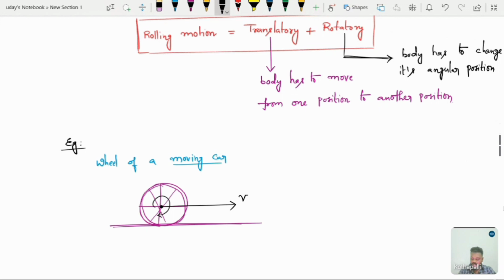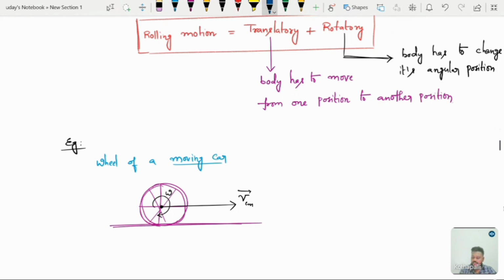So it will be having velocity corresponding to center of mass, and it will be having velocity corresponding to rotational motion. That means if your body is having linear velocity as well as angular velocity, then that body is said to be in a rolling motion. Technical way if you see.